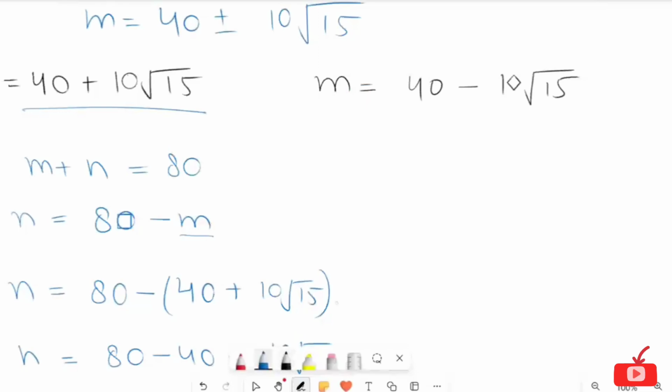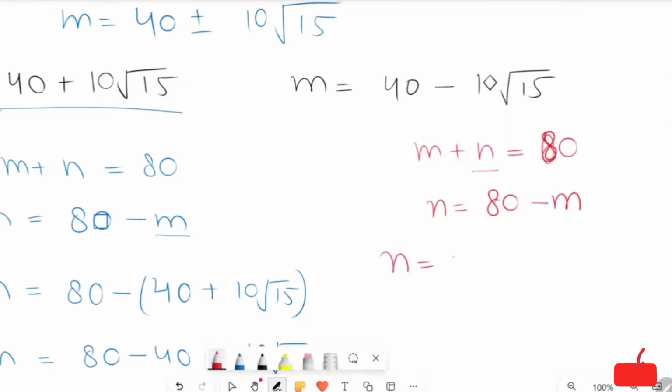Now I am going to solve for n when our m value is negative. So I am going to write equation A here. m plus n is equal to 80. Now I am going to make n the subject. So n is equal to 80 minus m. Now I am going to write the m expression, that is this one: (40 minus 10 root 15).